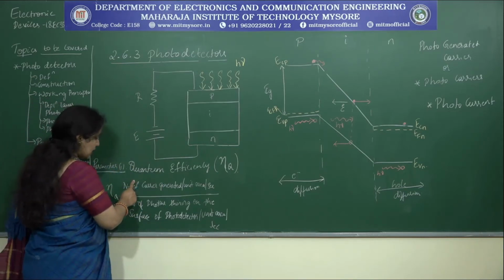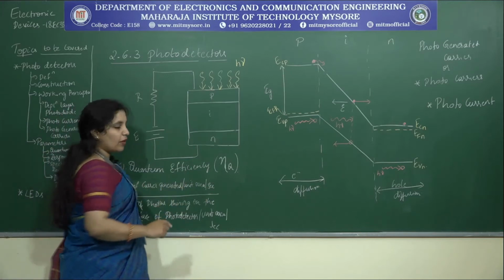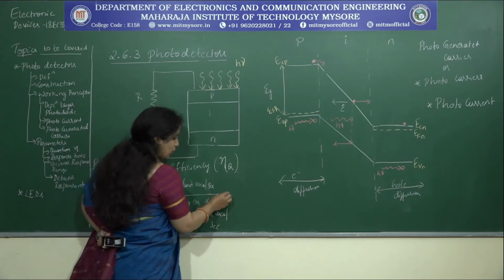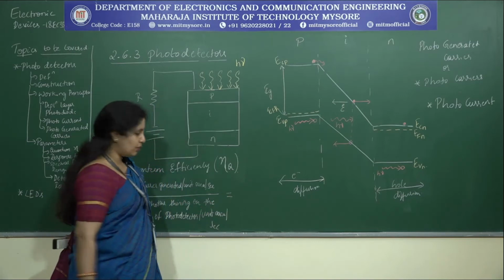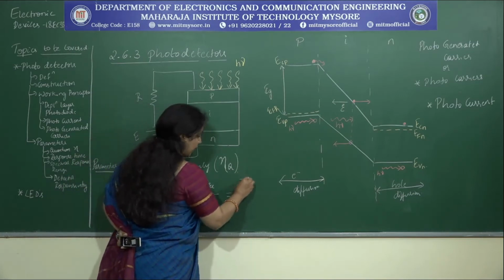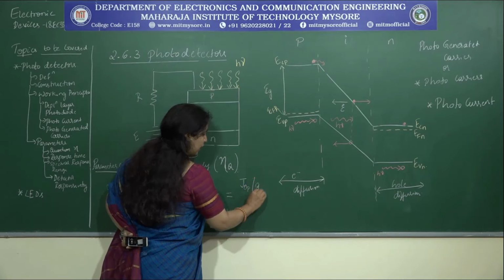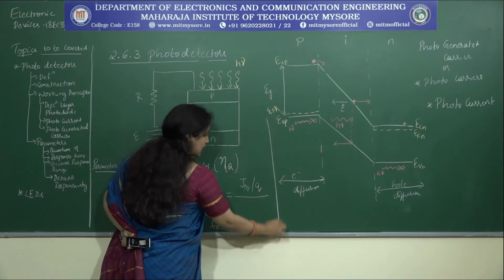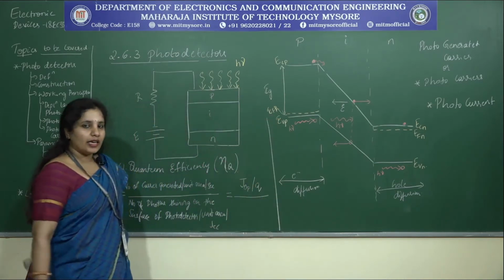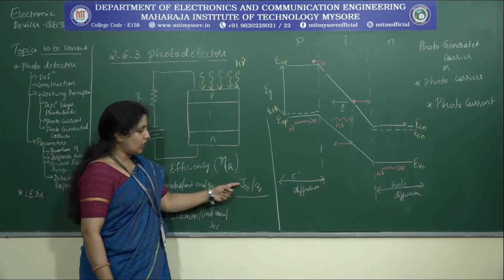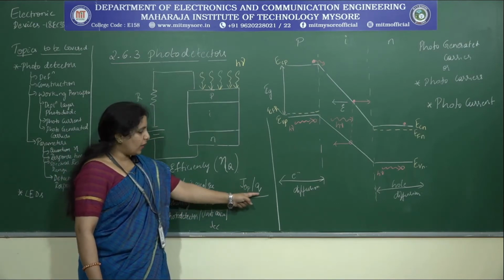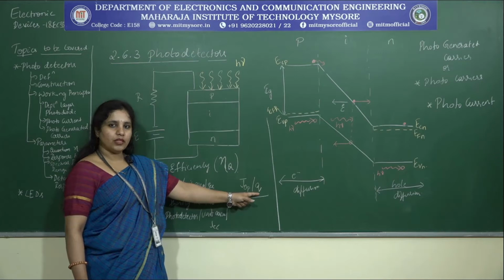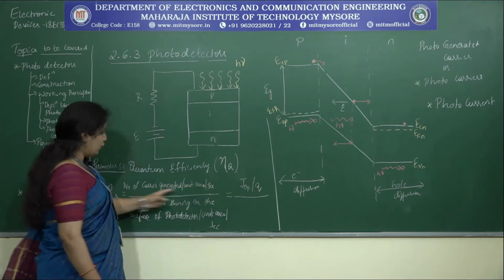Now, how will I represent the number of carriers generated per unit area per second? It is given as J_op divided by q. What does that J_op indicate? It is the optical current density, divided by the charge. Done. So, that defines the numerator.